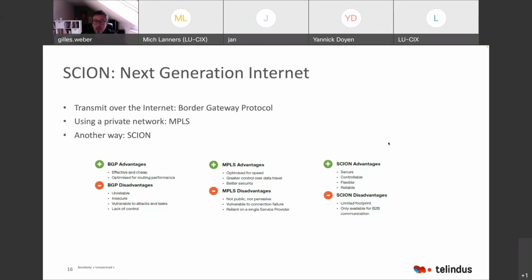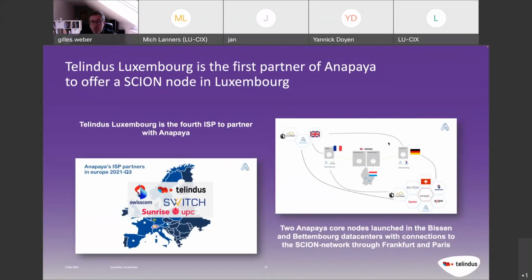Let me just give you a small word on what it is and how we are positioned with this. As Telenus, we are today the first partner in Luxembourg connected to the CIAN network in the world. We have 2 nodes running in our main data centers and connected to the international footprint.